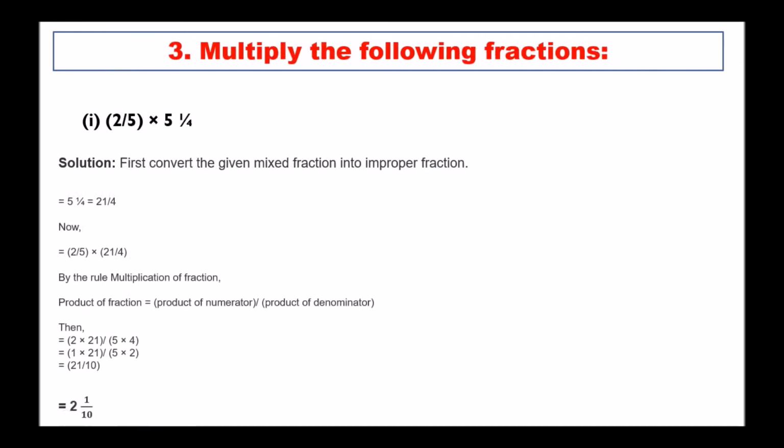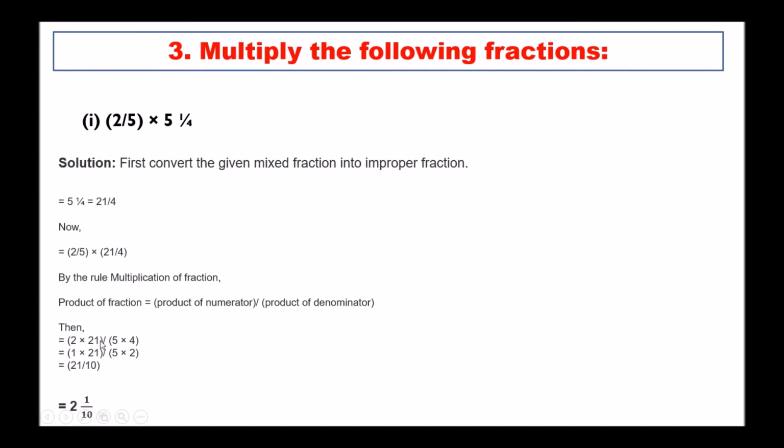The next question is multiply the following fractions. We have to multiply 2 by 5 into 5 and 1 by 4. First we will convert this 5 and 1 by 4 into improper fraction, that is 21 upon 4. Then we will multiply by the rule of multiplication of fraction. So first we will multiply the numerators, that is 2 into 21 divided by 5 into 4, that is denominator.